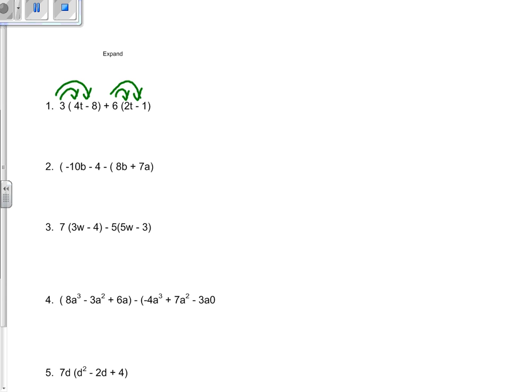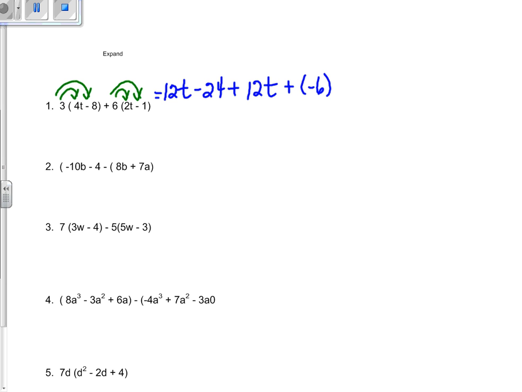Line number 1 would be multiplying 3 times that bracket, 12t − 24, and then 6 times 2t, adding 12t, adding 6 times minus 1. So you can write it as add minus 6, or you can write subtract 6.